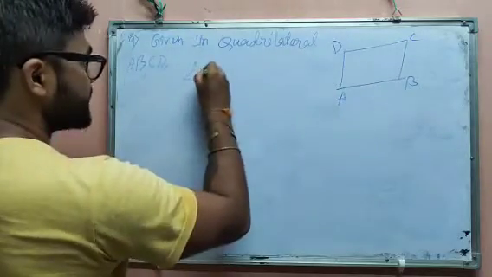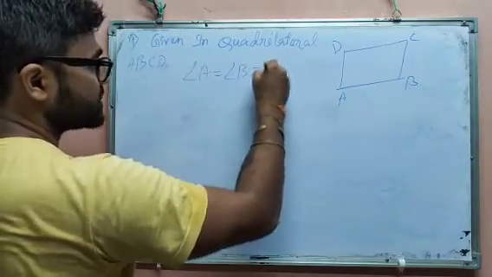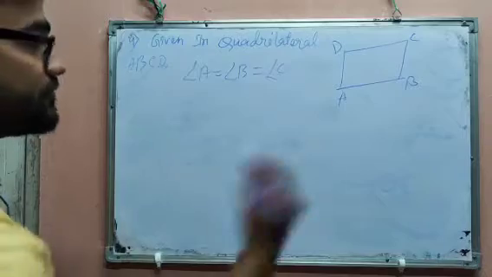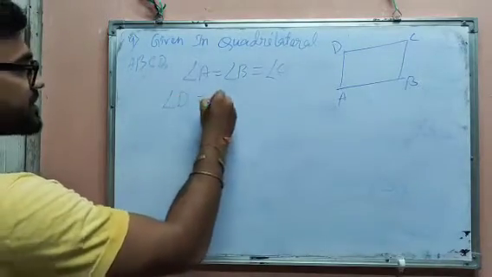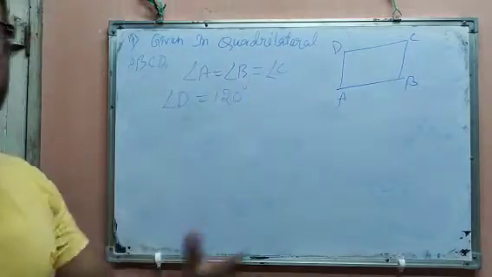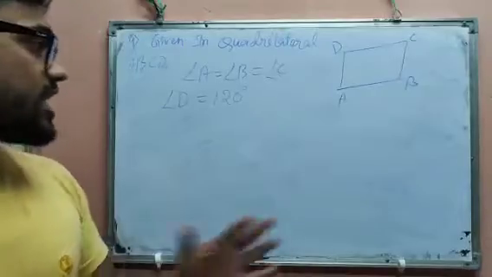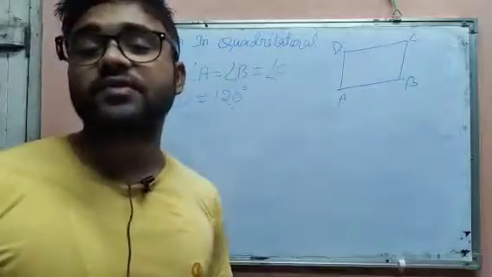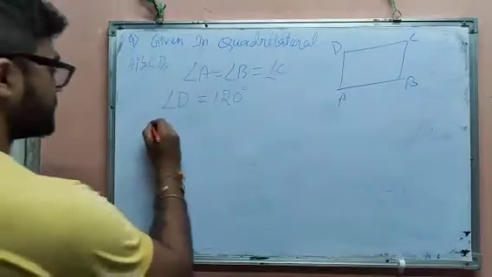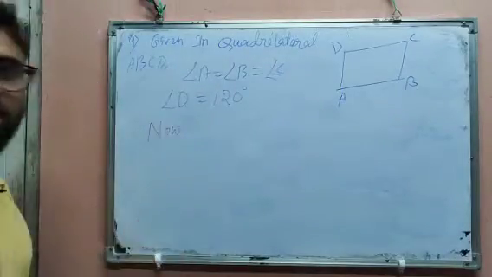Angle A equal to angle B equal to angle C. And the fourth angle, angle D, the measurement is given as 120 degree. Okay. So we are asked to find the measurement of all the three equal angles.